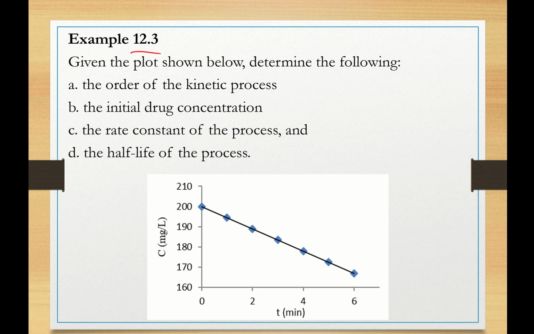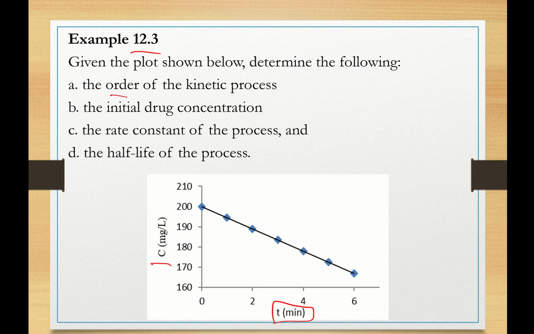In this plot we have the concentration of the drug in the blood of a patient determined at variable time intervals. So you drew blood after several minutes. Determine the order of the kinetic process.